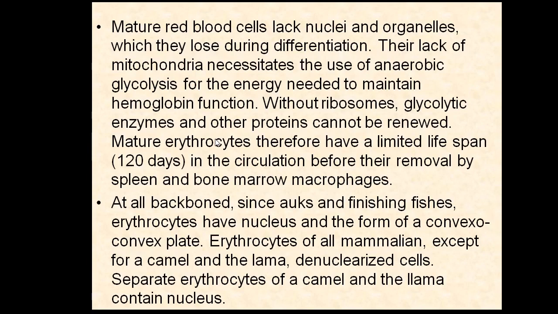The lifespan of erythrocytes is limited, and they live about 120 days. When they come to this age, they change their shape and become spheric. These depressions in the center disappear and cells become spheric. Very interesting that almost all mammals have no nucleus in erythrocytes, but some mammals can have.